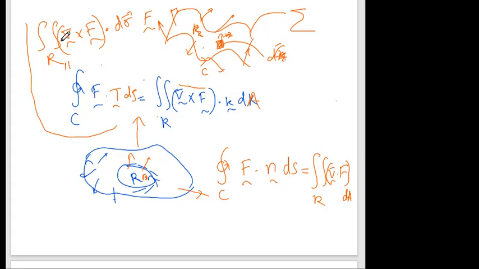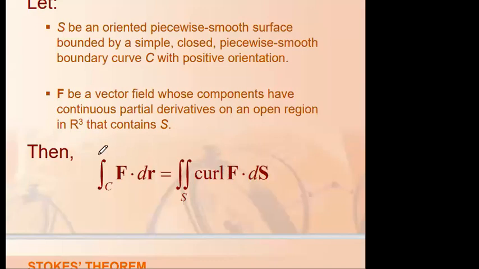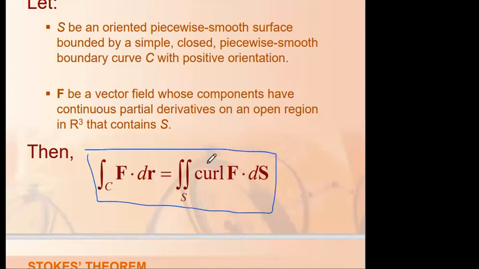This is called Stokes theorem. According to our notation, this is our big sigma, and this is your small d sigma.